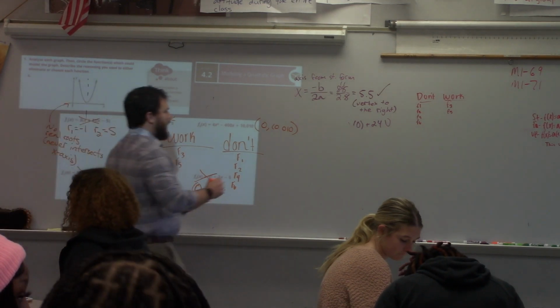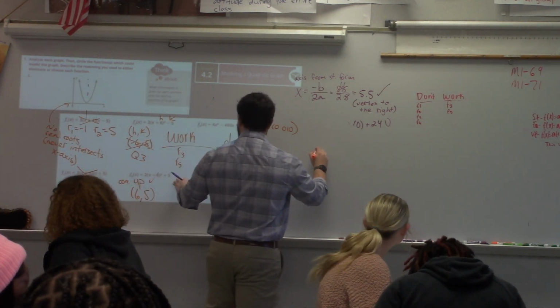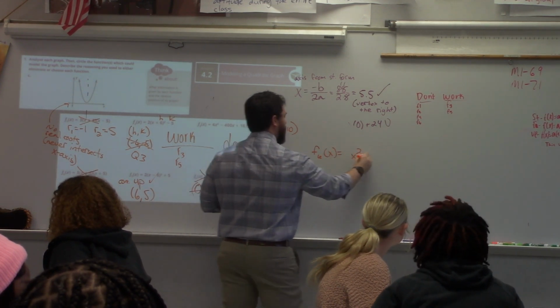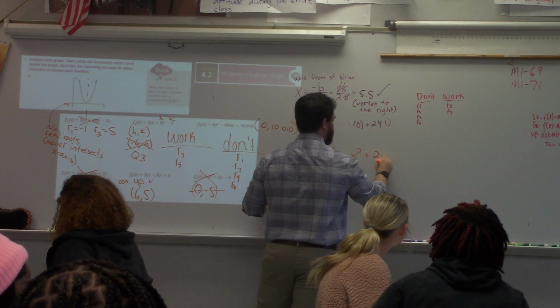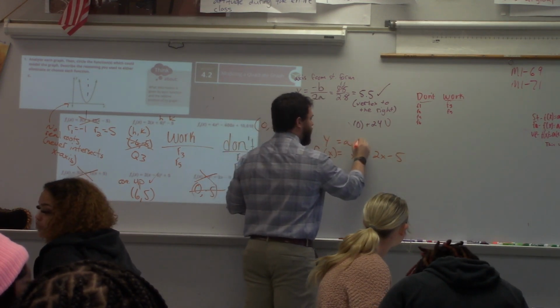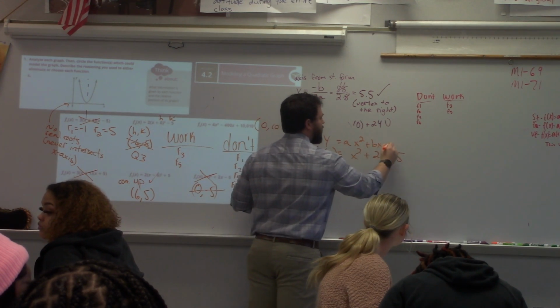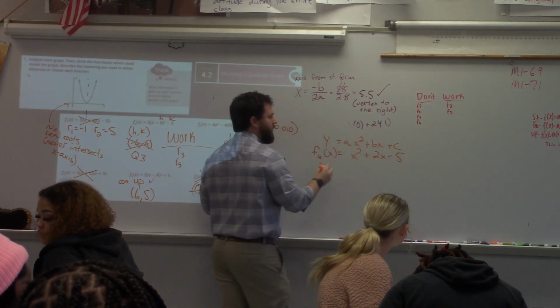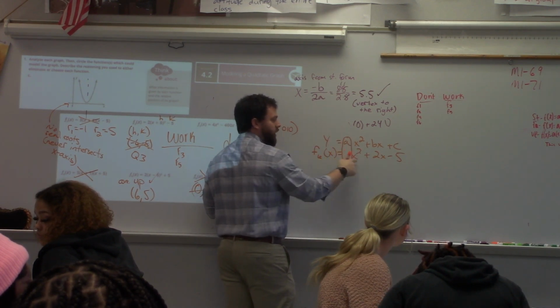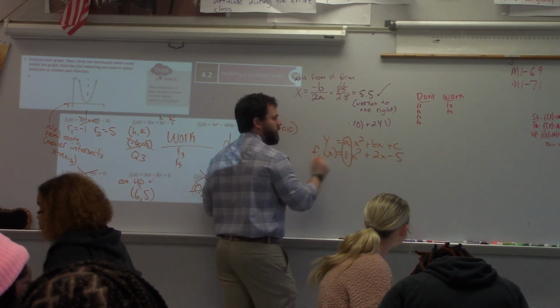So when I look at f6 of x, I know that that's what form? Standard form. Practice writing out your standard form above it, because it's going to help you identify a, b, and c. A is the coefficient in front of the x squared, so it's an understood 1.